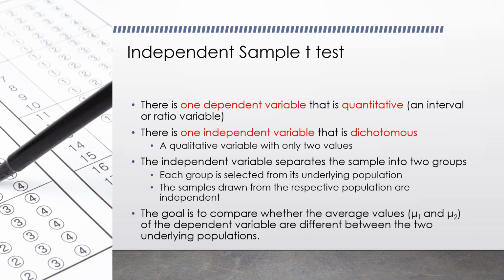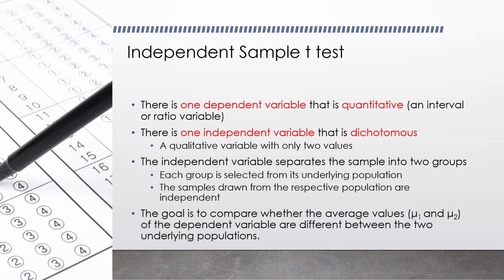A quick recap. Two variables are involved in the independent samples t-test. There is one dependent variable, which is quantitative, measured at either interval or ratio level. There is one independent variable, which is qualitative with only two values.